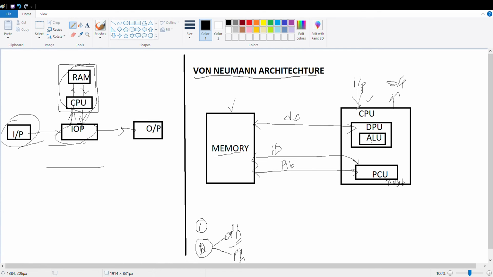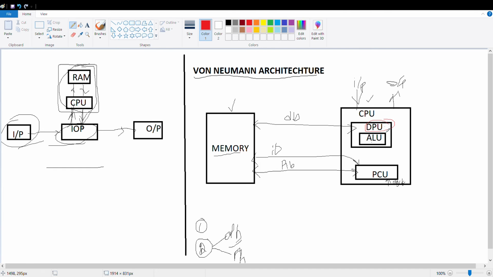What happens in this, we shall discuss. First, when we give the input to the CPU, it will send it to the data processing unit. This is the data processing unit. Let me change the color. What the data processing unit does is it will process the data.